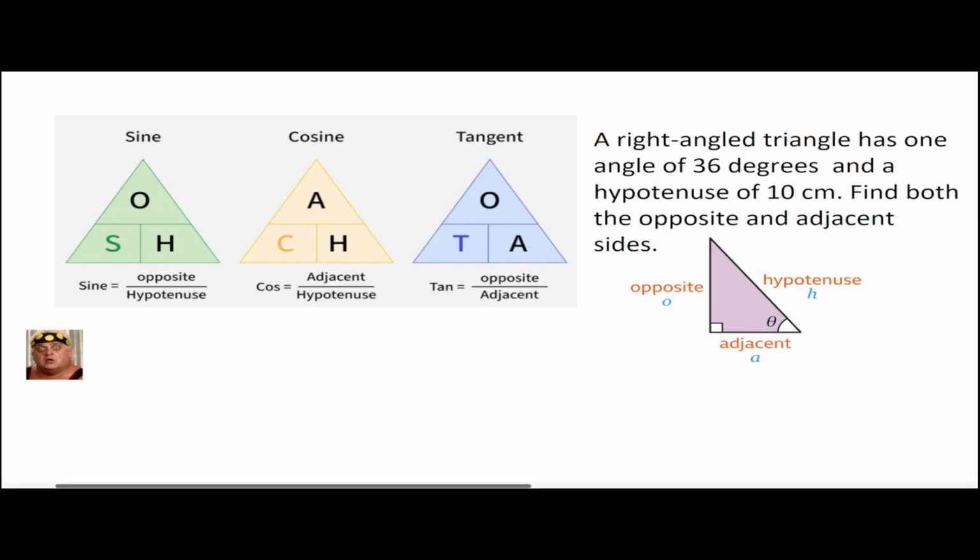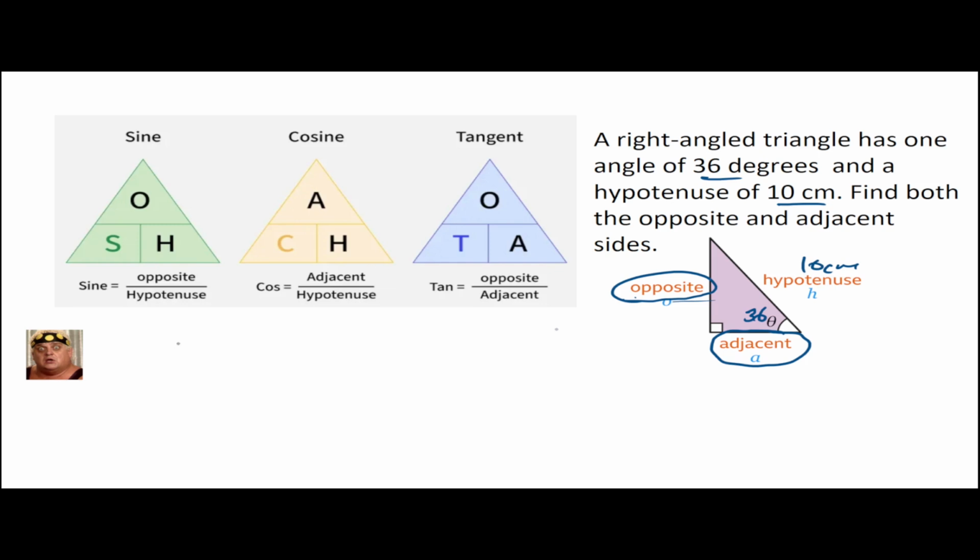Another interesting one. A right angle triangle has an angle of 36 degrees. Okay, so our theta is going to be 36 degrees. And the hypotenuse is 10 centimeters. Find both the opposite side and the adjacent side.